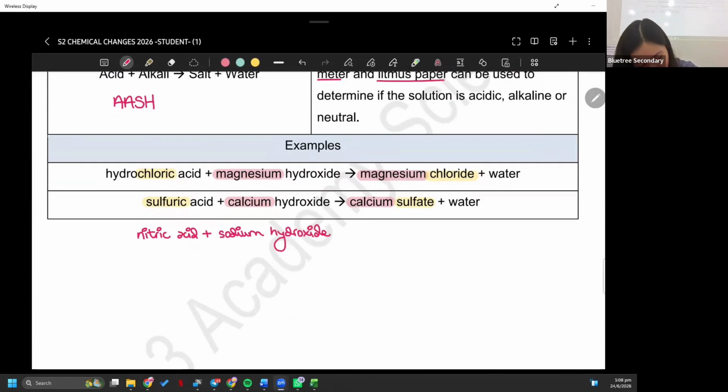Tell me what products I will get here. Look at the pattern in the previous two kinds of reactions. There is a very similar pattern.